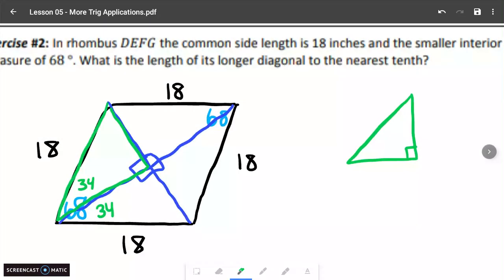So we know the hypotenuse, the side across from the right angle, is 18. We have 34. And we're trying to find the longer diagonal here. So if I'm trying to find that longer diagonal, I'm going to find x.